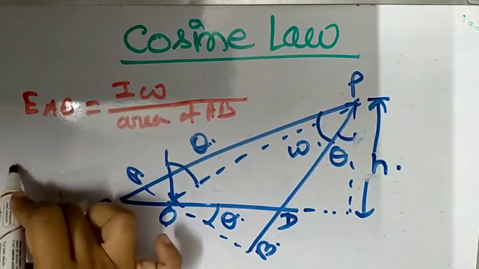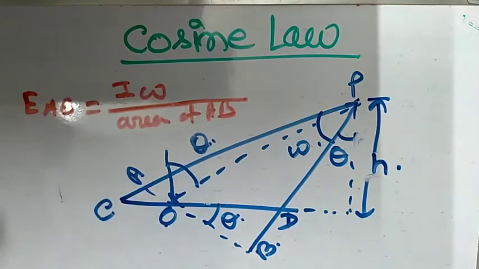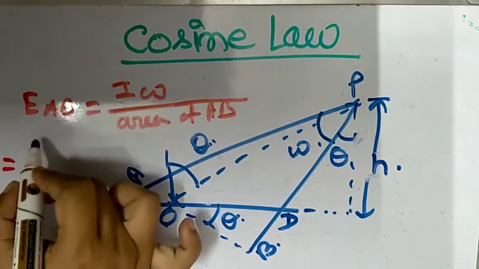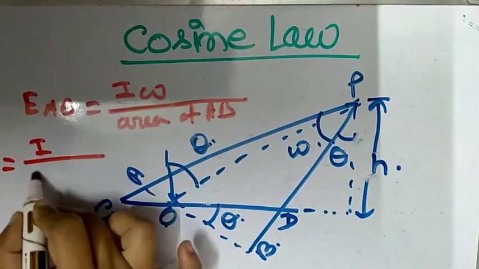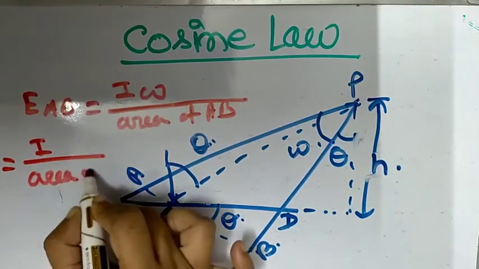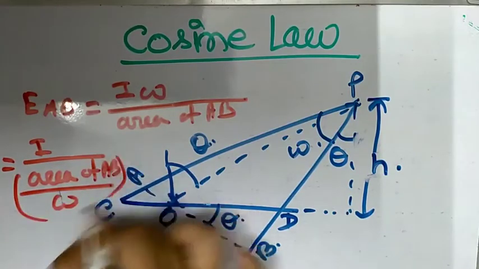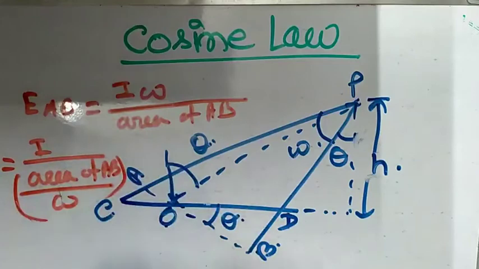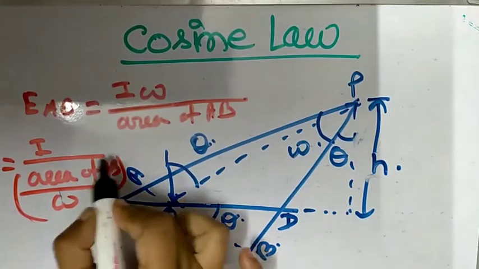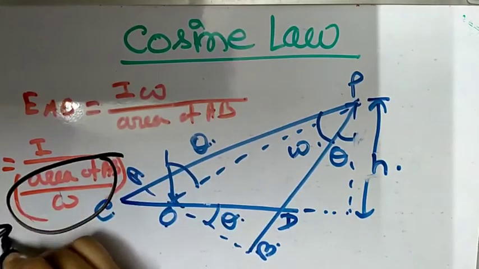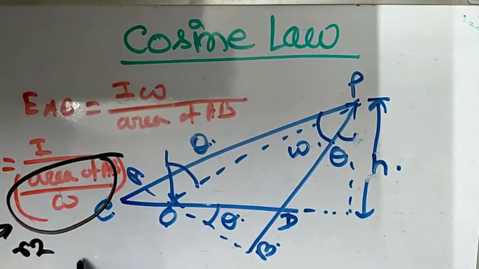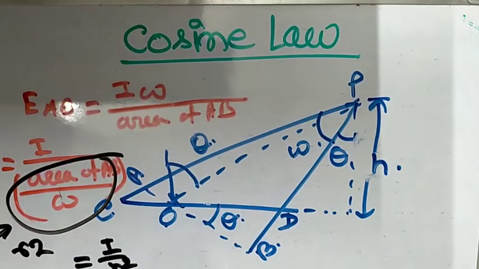And we can write I equals area of AB by omega, and this is equal to R square. So EAB is equal to I by R square.